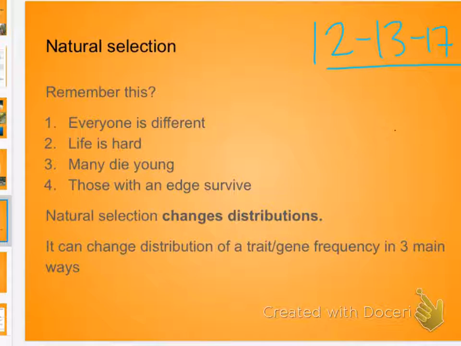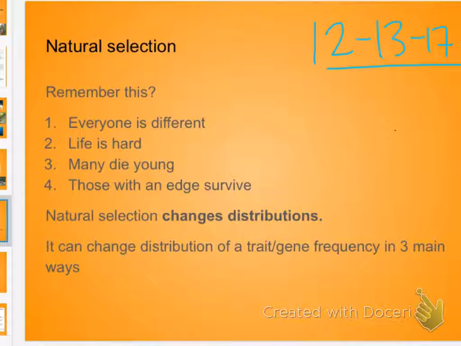So there has to be some variation in the population. There have to be challenges. If everything's easy, there's no natural selection. If there are more calories than anybody needs, and there are no predators, and there's just no challenge whatsoever, there will be no natural selection.